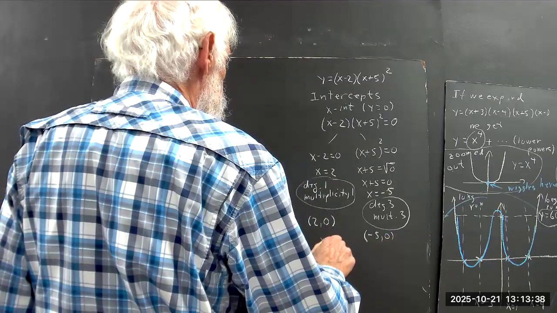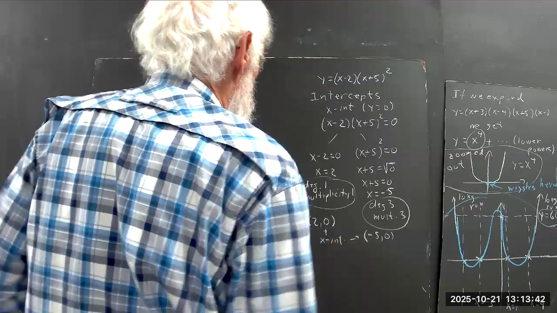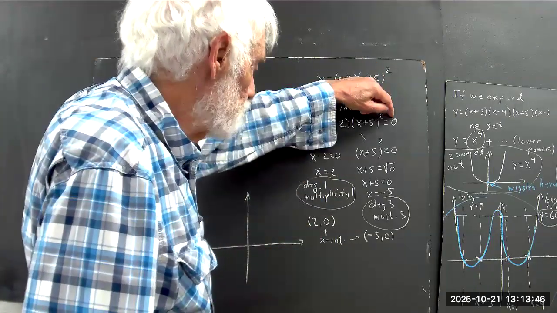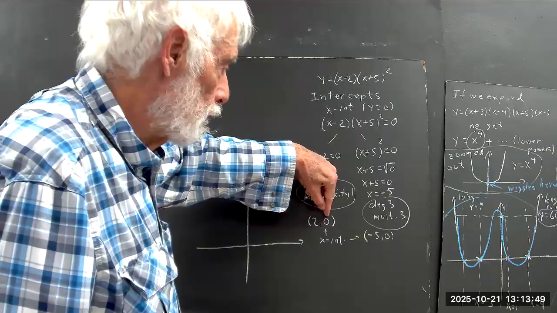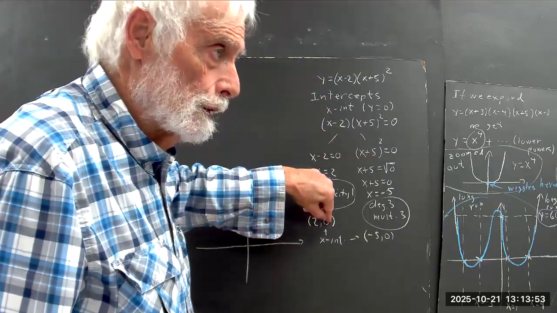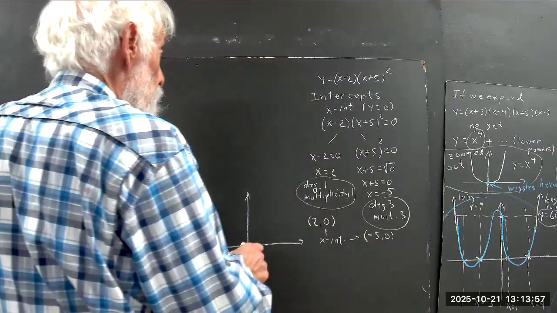And these are our x-intercepts. Why is it (2, 0)? Because we let y equal 0, so we know that the y-coordinate has to be 0. We solve for x, and that's the x that gives us y equals 0. So (2, 0) is on the graph.